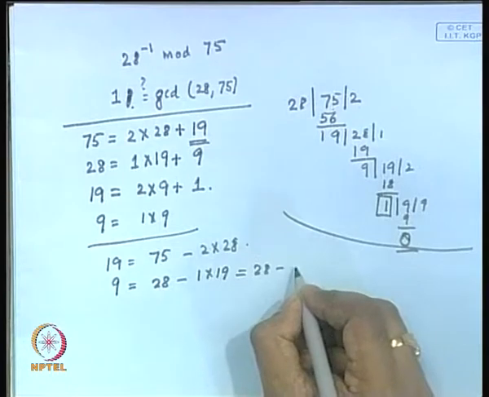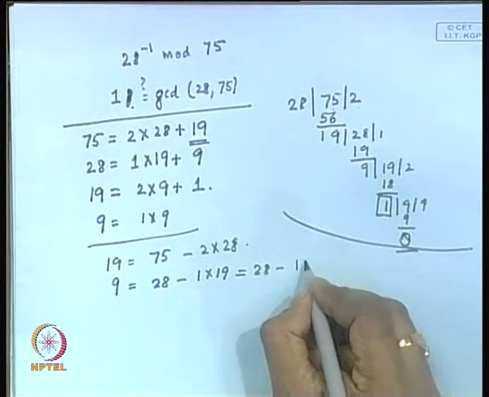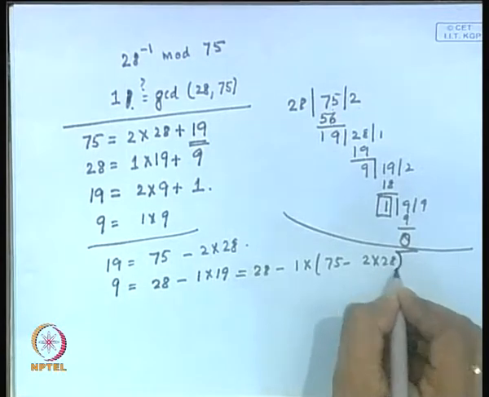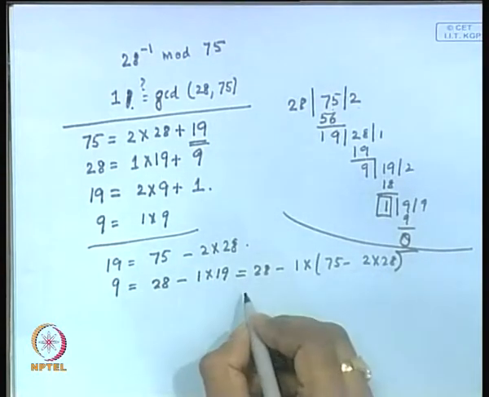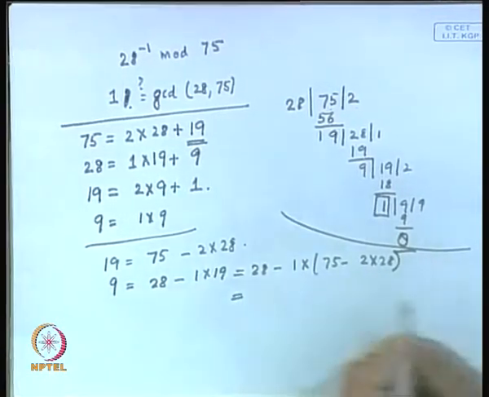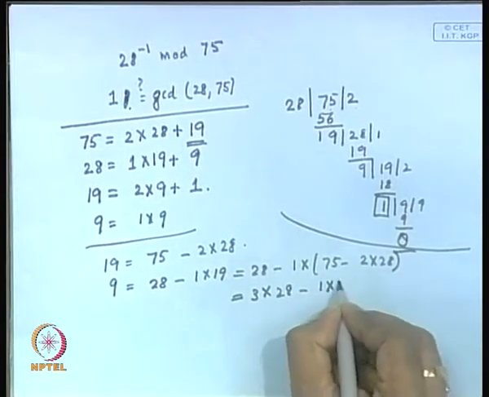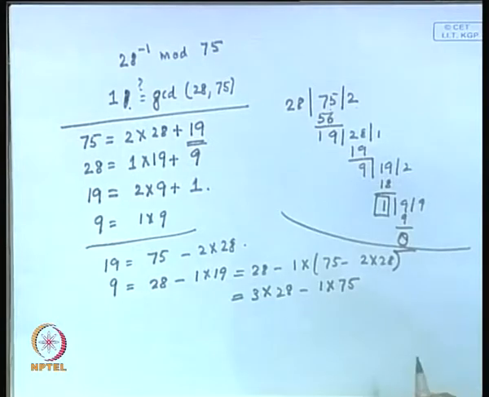So, I know that 19 is nothing but 1 into 75 minus 2 into 28. Okay. So, therefore, I can collect these and write this as 3 into 28 minus 1 into 75, right.